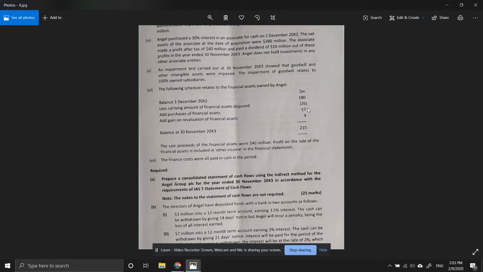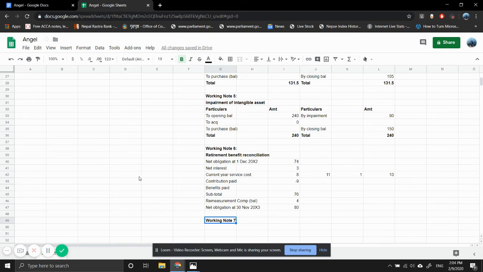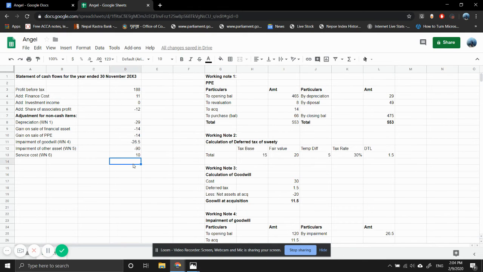It's already given over here, so this will be our purchase, and this will be our cash received, which we will include in investing activities, so we don't need to prepare it. Nothing to worry about. So let's not waste time. Let's move on to add it up.